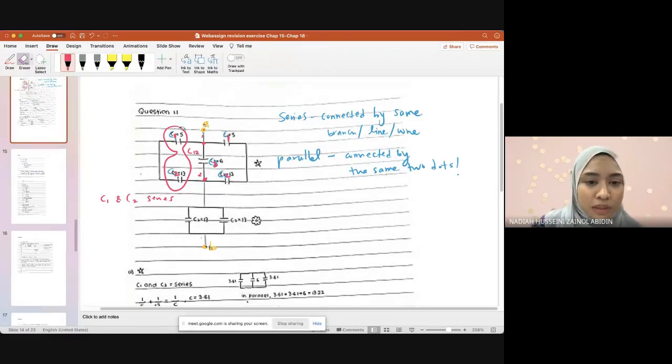So C12 is the equivalent for this part over here, looking like a peanut. C12 is parallel with C3.